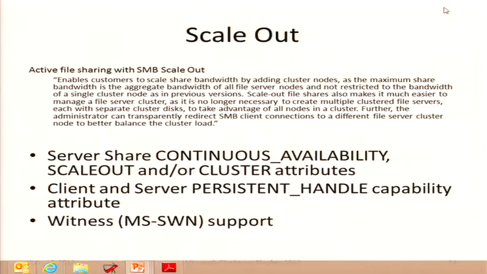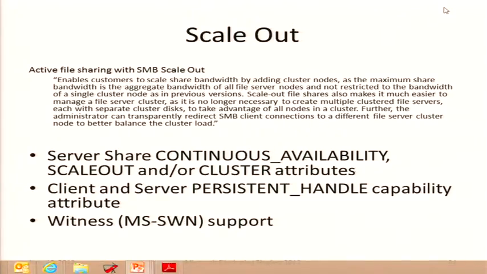Scale out is a really important feature for a Windows server, and it may well be an important feature for other servers as they appear in the market. But when we say we want to scale share bandwidth by adding cluster nodes, etc., in the Windows space, what we really mean are these three new features: continuous availability, new capabilities, continuous availability, scale out, and cluster attributes.